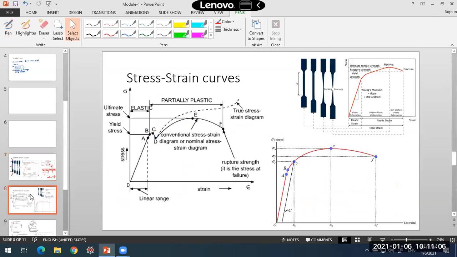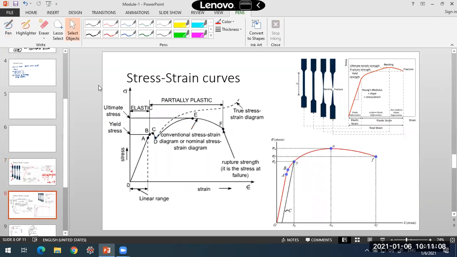If I take this for a mild steel specimen, steel being the most common material we come across in our construction, these are some points we have. There are some points marked as A, B, C, D, E and F. This point A is the limit of proportionality.